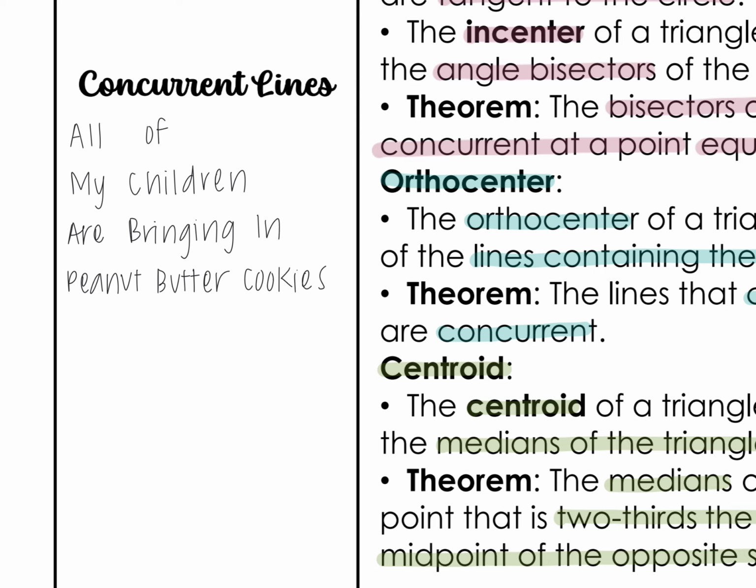So to go through this, what it's doing is pairing up the segment with the center. Looking here, we have "all of." So that A is going with the segment. Which segment do we know that starts with an A? Well, our segments are altitudes, perpendicular bisectors, angle bisectors, and our medians.